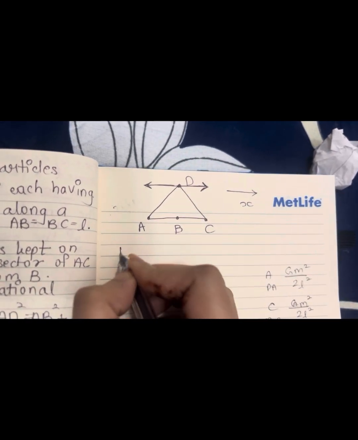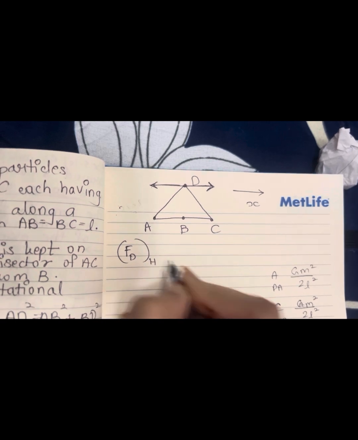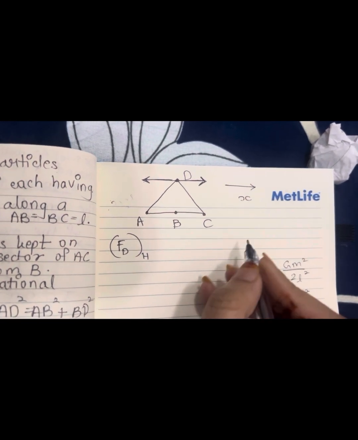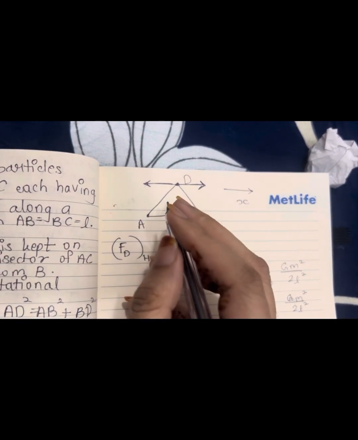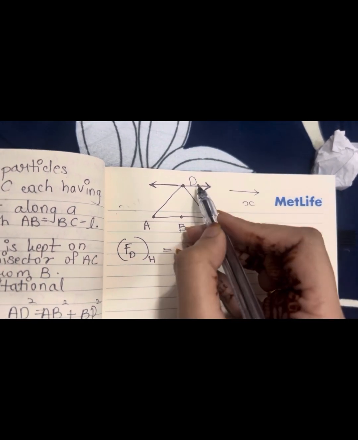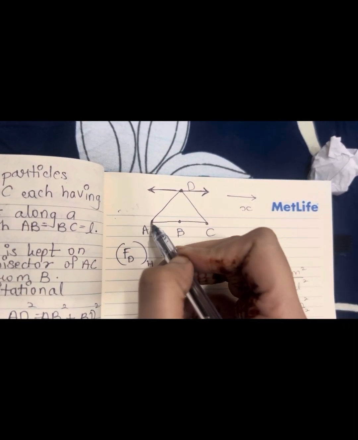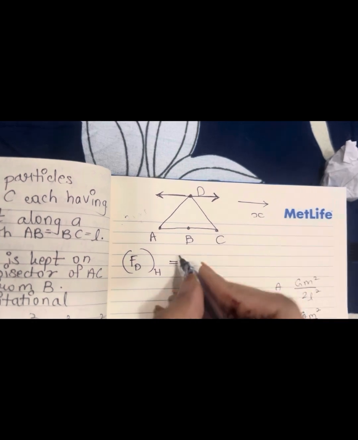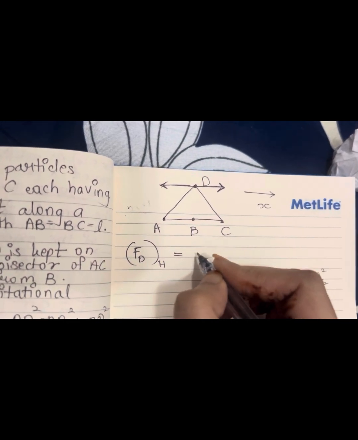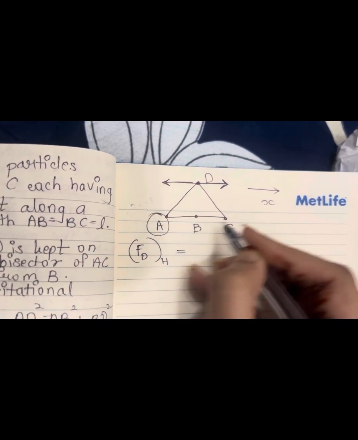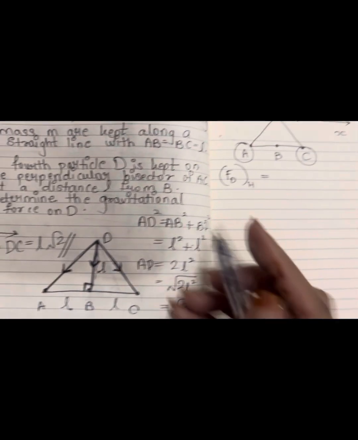So we will calculate the force on D along horizontal, and we will also calculate the force on D along vertical. Along horizontal we will have the force due to A and the force due to C.